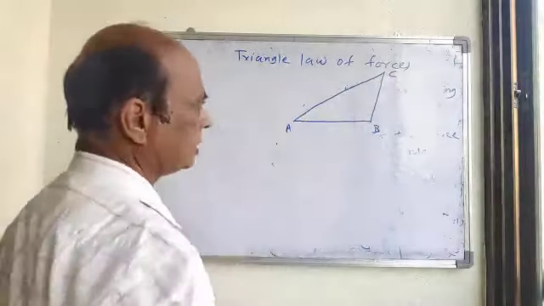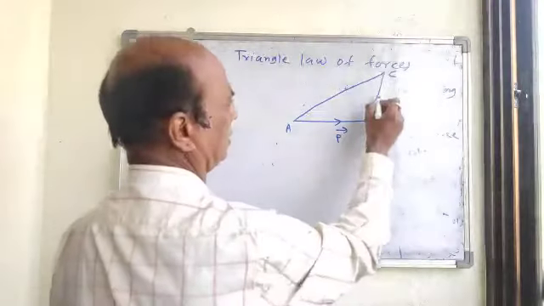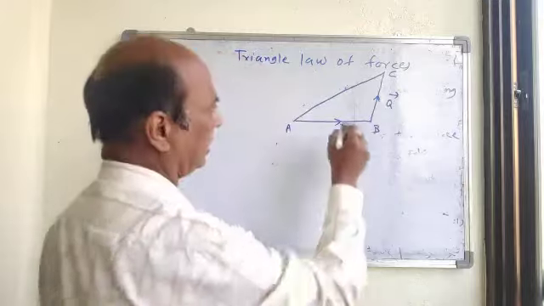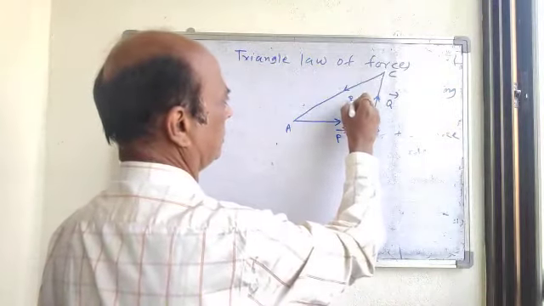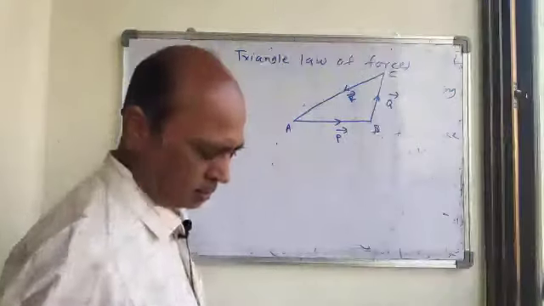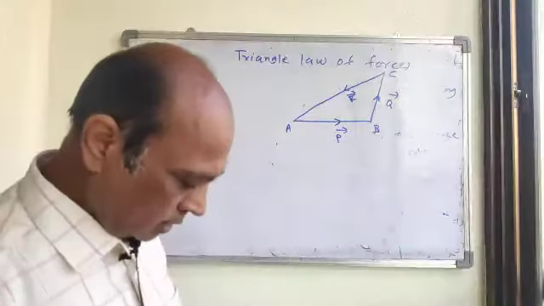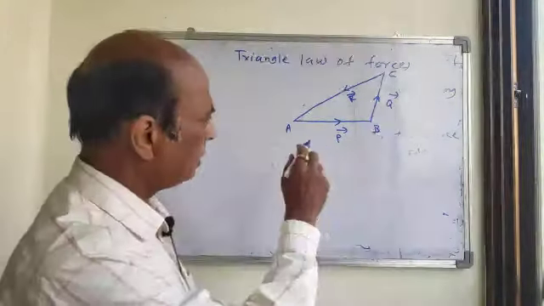So here we consider this force P bar, and here this is Q bar, and this is R bar. So here this P bar represents the force along AB bar, and Q bar represents the force along BC bar, and R bar along CA bar.